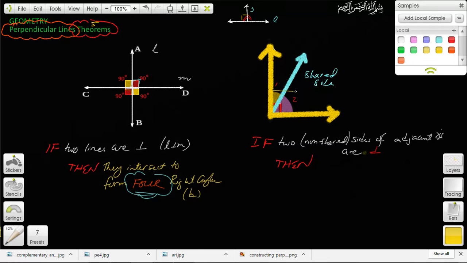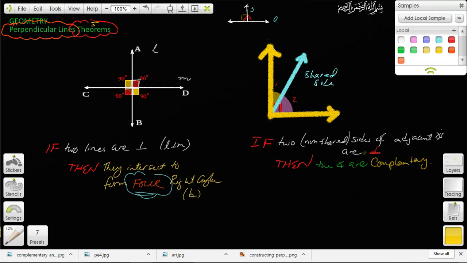If this side and this side are perpendicular, obviously it's going to be the non-shared sides that are perpendicular. How's the shared side going to be perpendicular, right? I just put non-shared to emphasize it so that you understand. So if 2 sides of adjacent angles are perpendicular, then the angles are complementary. Complementary, my dear Watson, complementary.